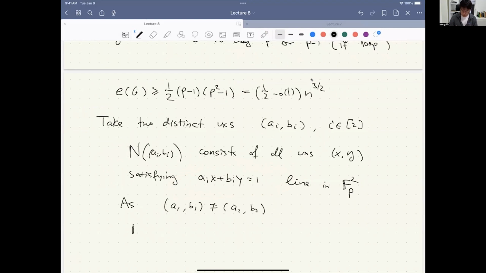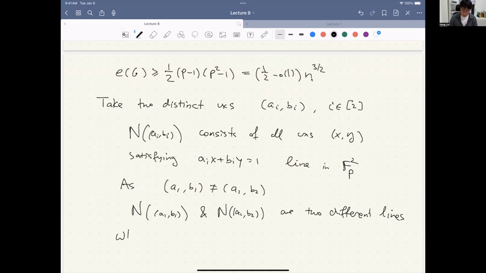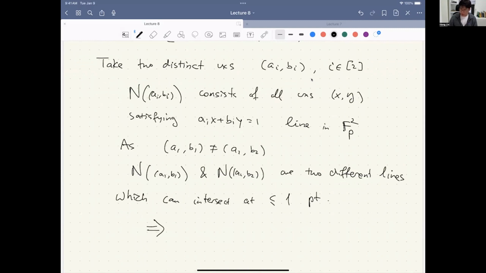N(A1, B1) and N(A2, B2) are two different lines, which intersect at most one point, which is the same as saying (A1, B1) and (A2, B2) have at most one common neighbor.